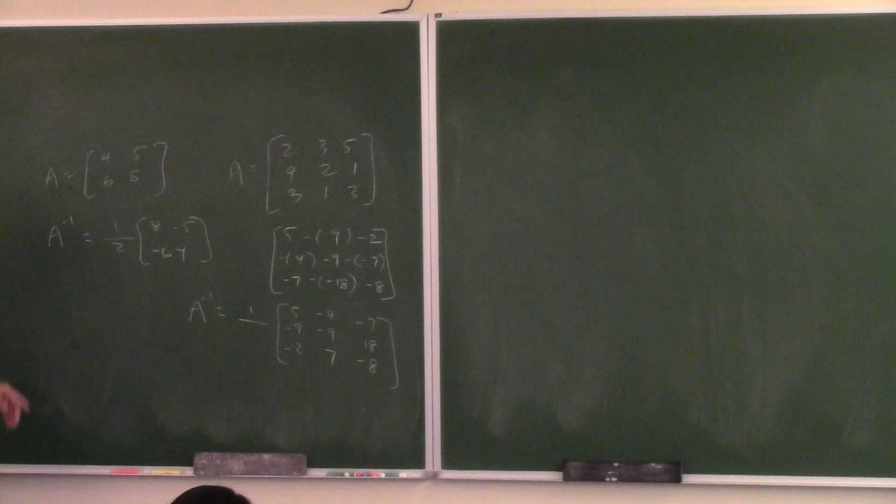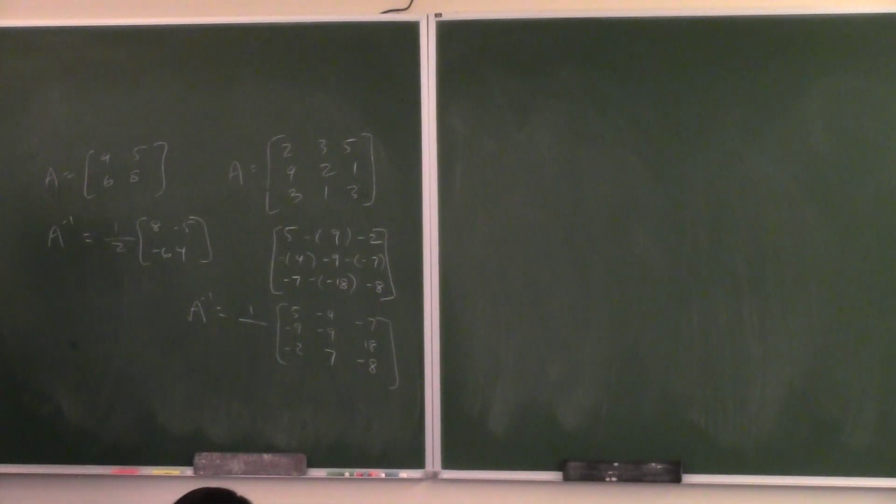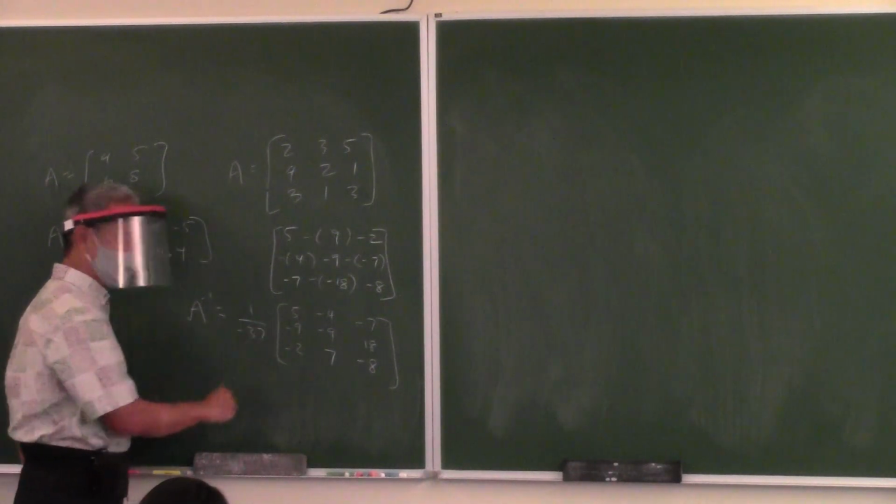So Chan, you said you can do it in your head. Go. Determinant of this. I think I got it. I think it's negative 37. Can somebody confirm that?